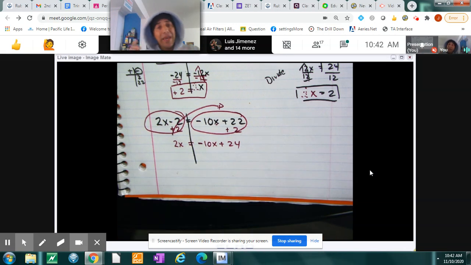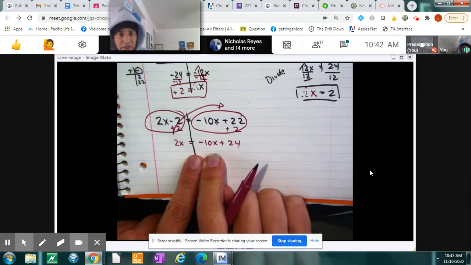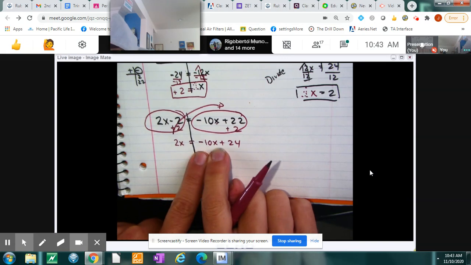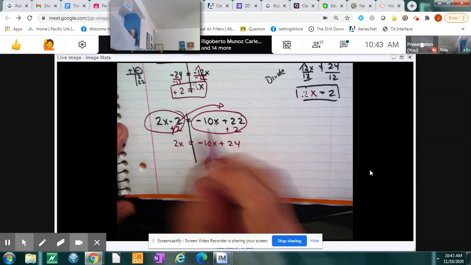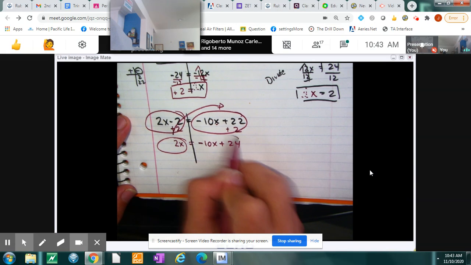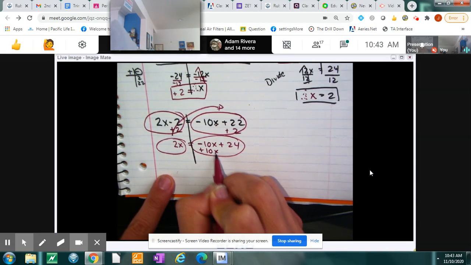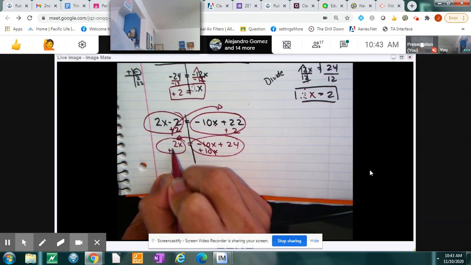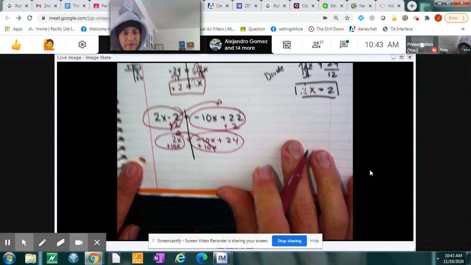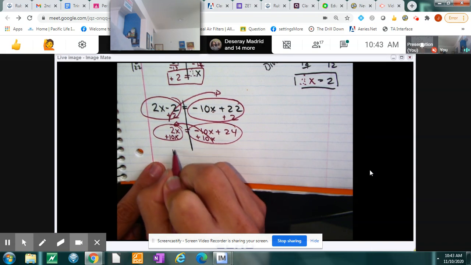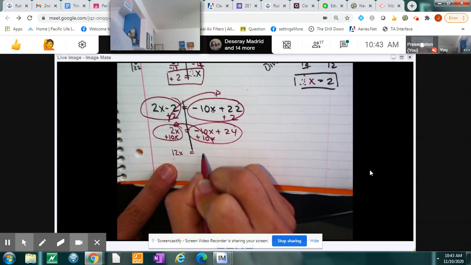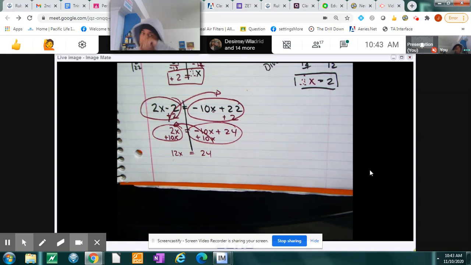Now remember, the x's have to be on one side, and the numbers without the x have to be on the other side. So I need to get rid of the plus 10x, because I still have 2x. I'm going to get rid of it and then put it over here. And that's going to be 12x equals 24.